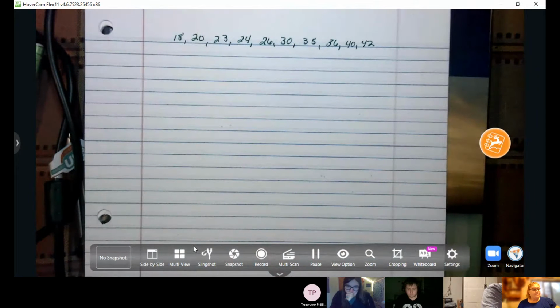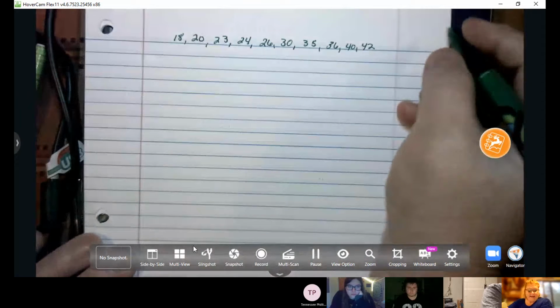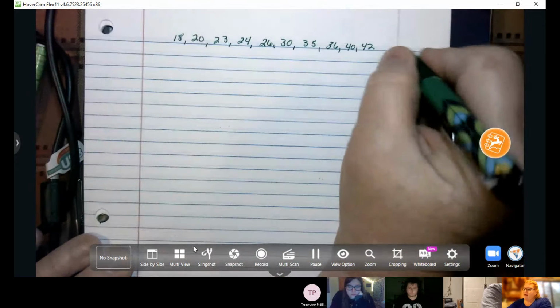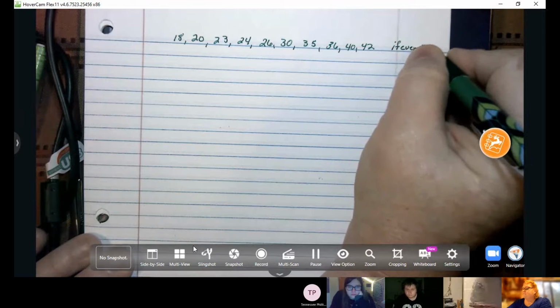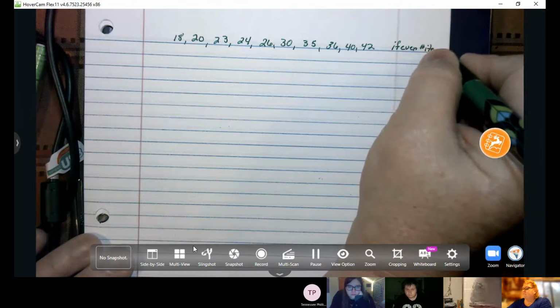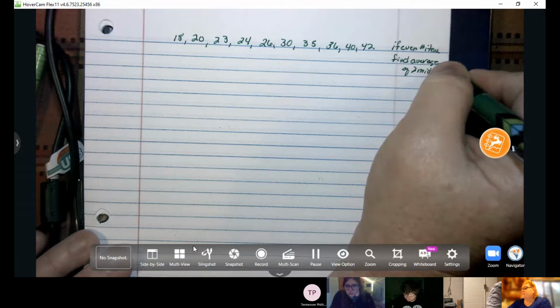We still would arrange the items in numerical order, but this time we have an even number of items. We have to find the average or the mean of the 2 middle values.